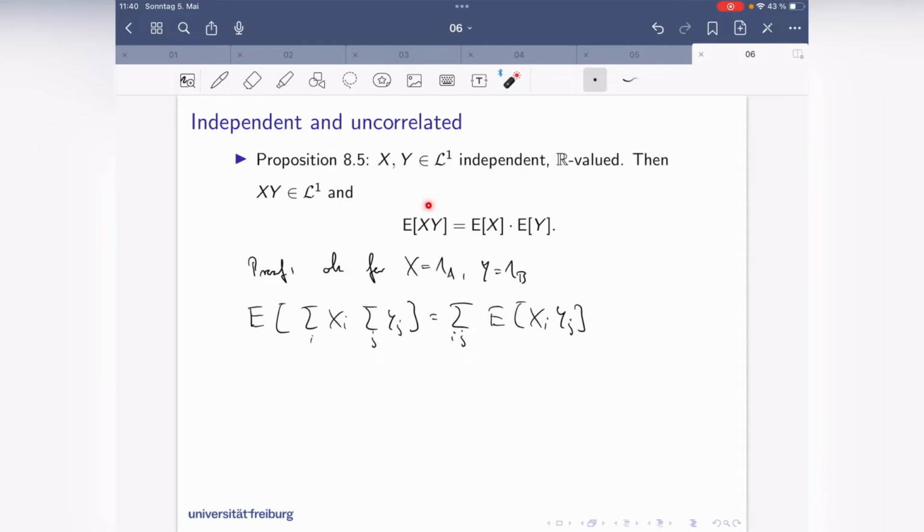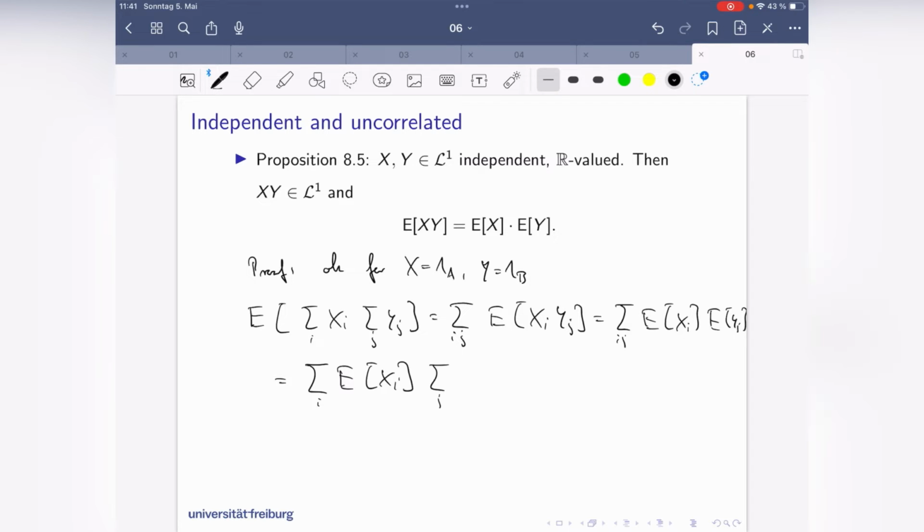I assume I have shown this here already for the single ones. So this is here the sum of i and j expectation of xi, expectation of yj. And now I can pull apart the sum of expectation of xi times sum of all j expectation of yj, which means, well, it holds also for the sum.